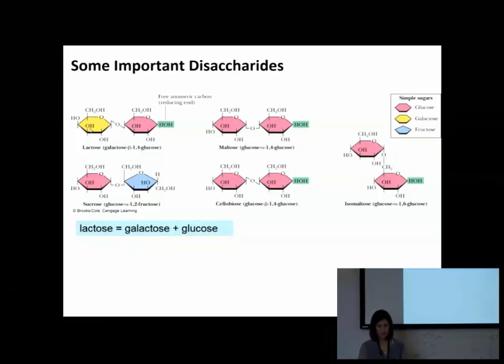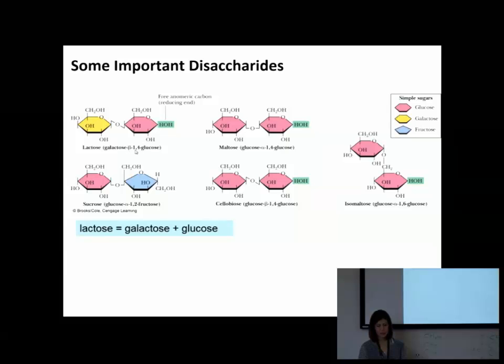This is the carbon number 1. We see this is the oxygen. Go to the right. You see carbon number 1. That's an anomeric carbon. It's up, so that's beta. It's connected to carbon number 1, 2, 3, 4 on the glucose. Some people do not have the enzyme to break a galactose glucose beta 1,4.